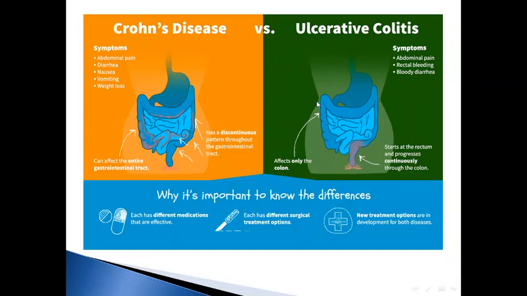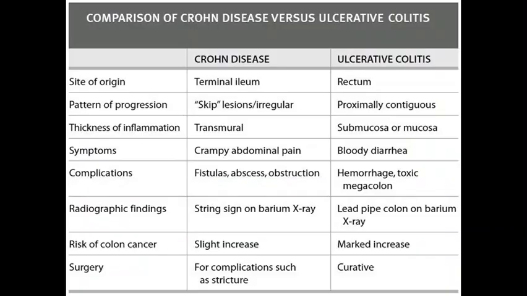Why is it important to know the differences between Crohn's disease and ulcerative colitis? Because we have different effective medications and different surgical treatment options for Crohn's disease and ulcerative colitis.